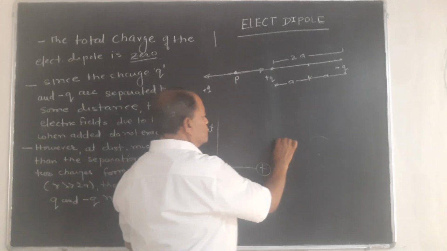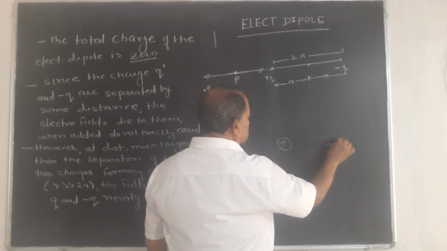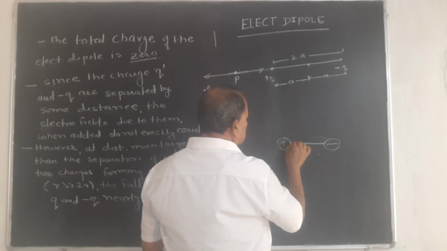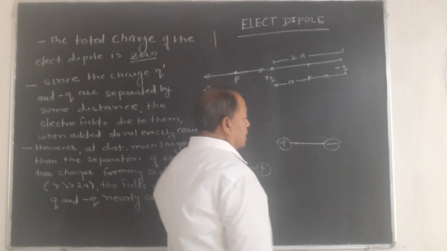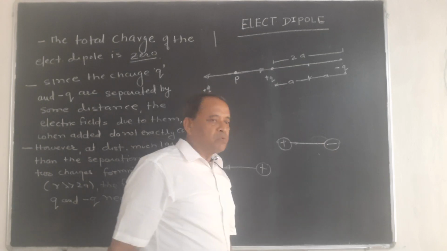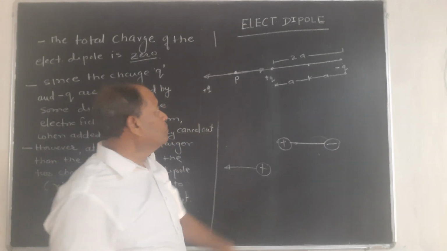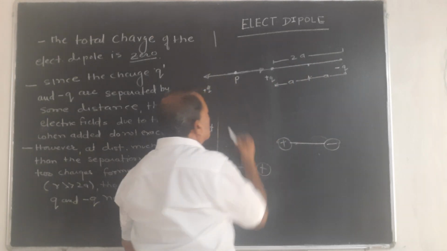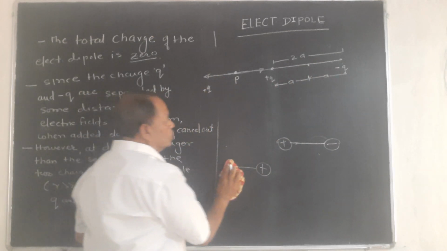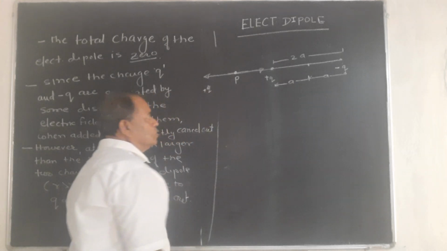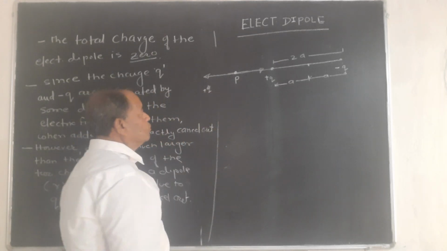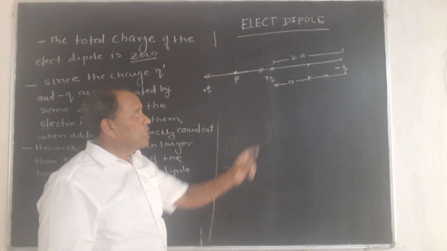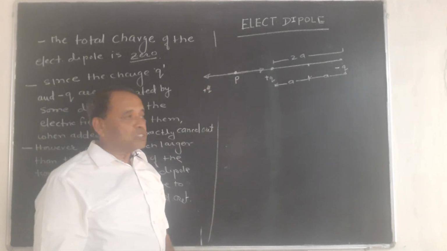Positive charge is there, negative charge is there. The field due to the positive charge goes radially outwards, and the field due to the negative charge goes radially inwards. So we are getting two electric fields: first due to plus q, another due to minus q.